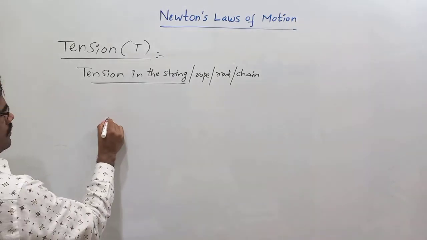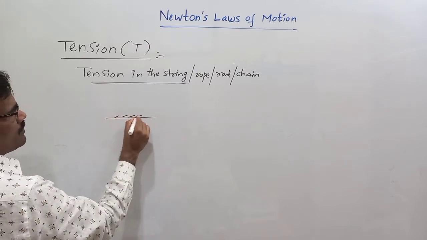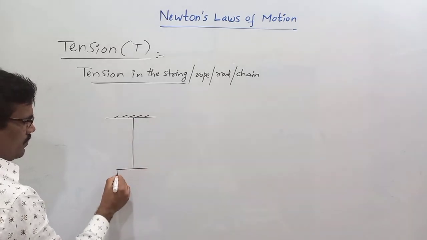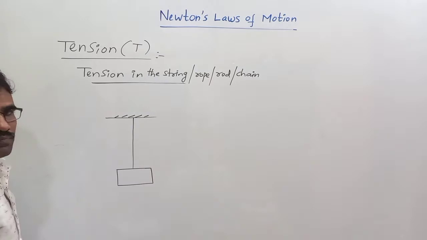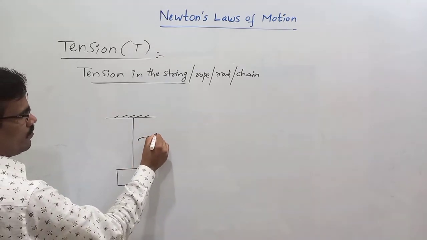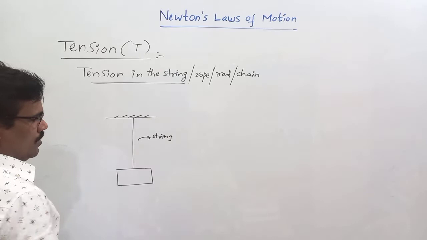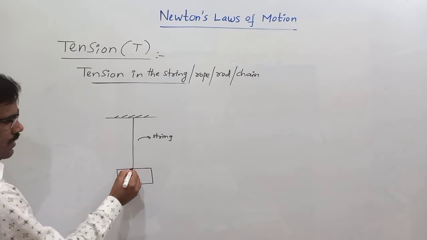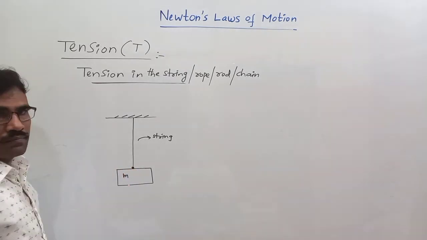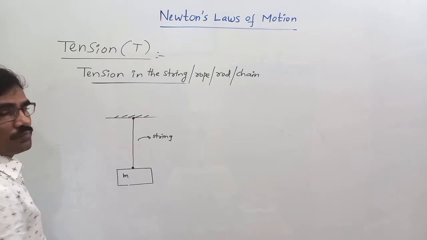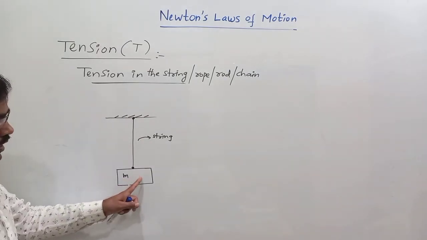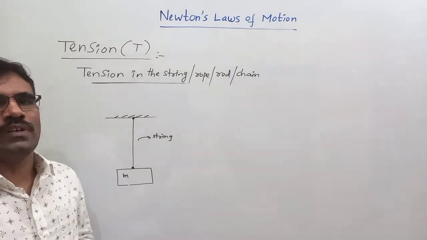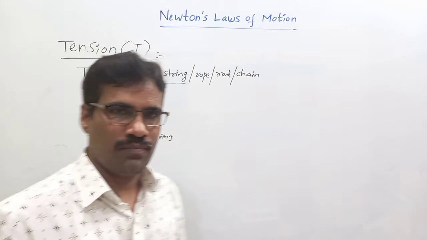Listen students, let us consider this is the fixed support. A block is suspended by means of this string. The mass of the block is M. I want the tension at this point and at this point, on the lower point and the top point. What is the direction of the tension?